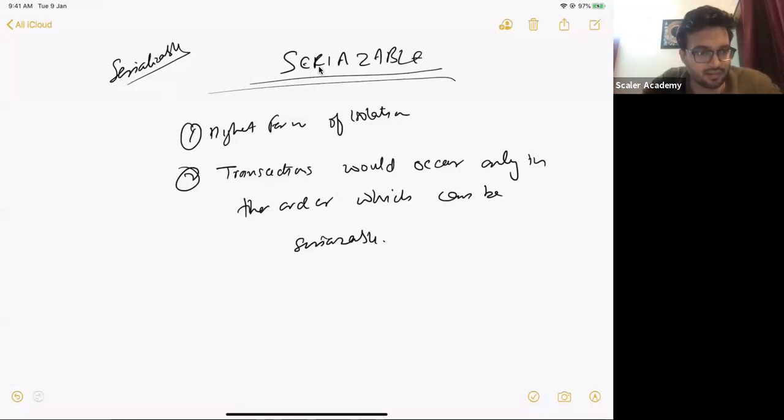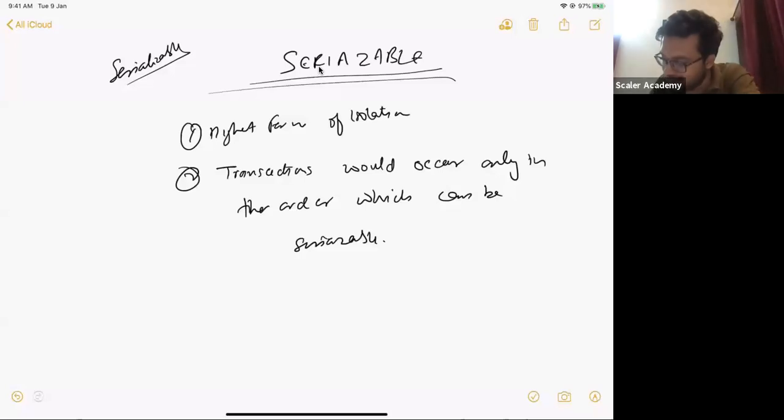Is that a good thing to do? Essentially, you are taking a write and a read lock on the entire database and saying, fine, run it like this. You cannot just say that no two transactions will ever overlap, because that totally defeats the purpose of why we discussed all this.